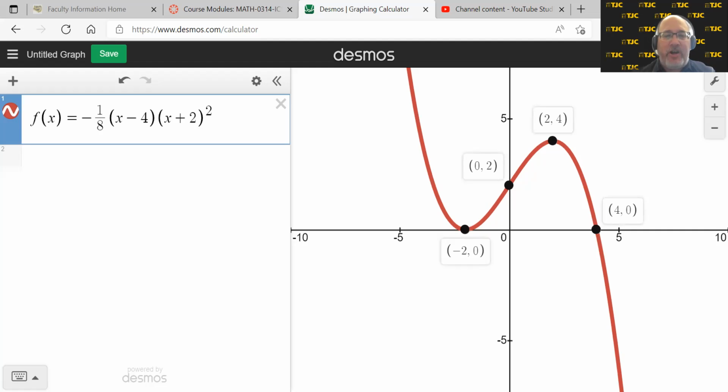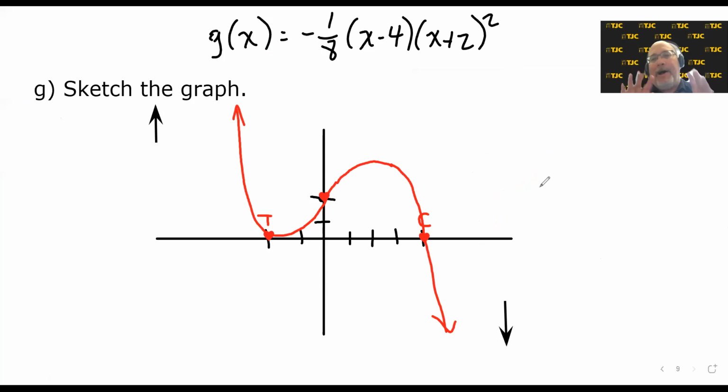All right, so as you can tell, it is possible to get a reasonable graph by hand by analyzing a polynomial function for end behavior, number of turns, y-intercept, x-intercepts, and x-intercept behaviors. And I know some of you are thinking, that's cute. I'll just put it in a graphing calculator and get all my answers. And you can do that.